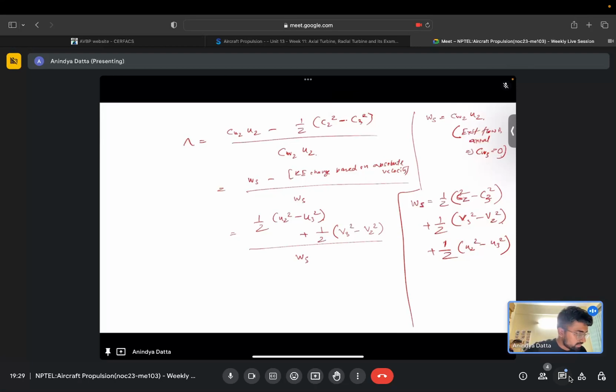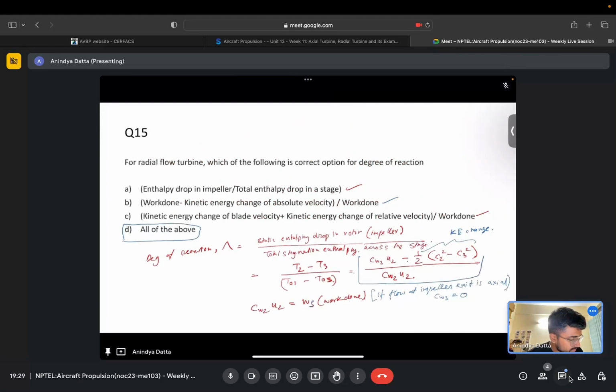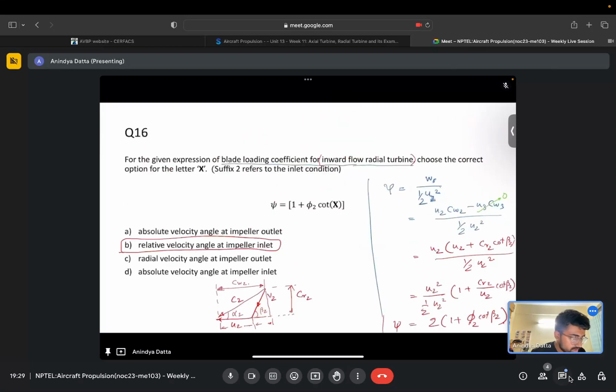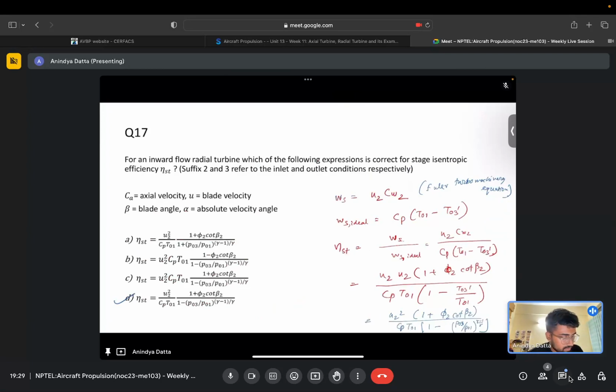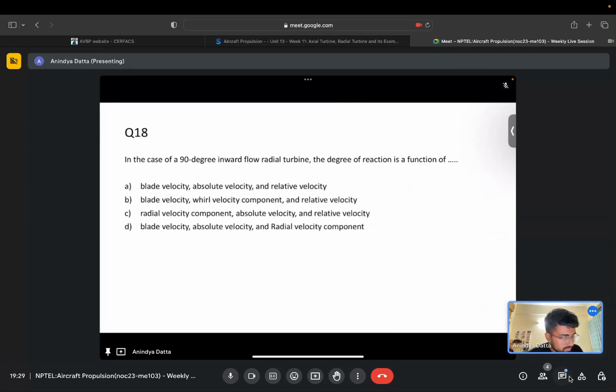If you see the degree of reaction expression here, we have the whirl component of velocity, blade velocity, and absolute velocity.